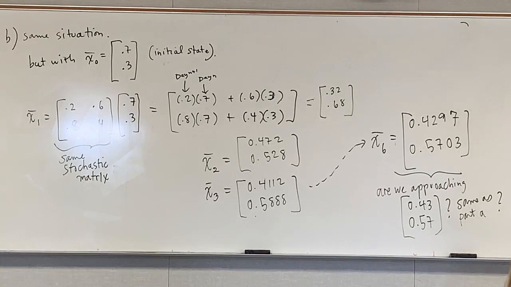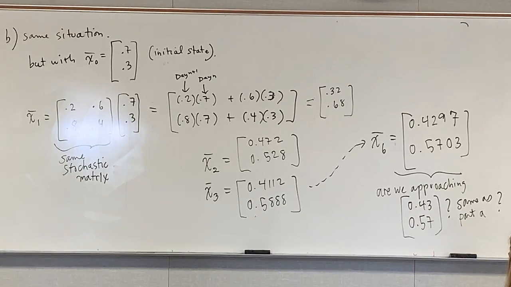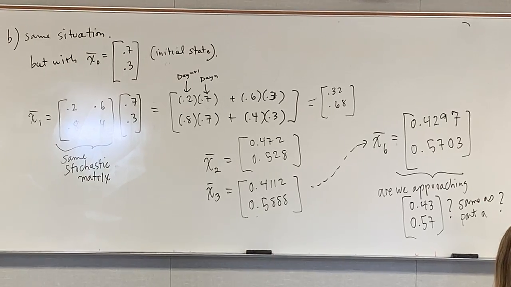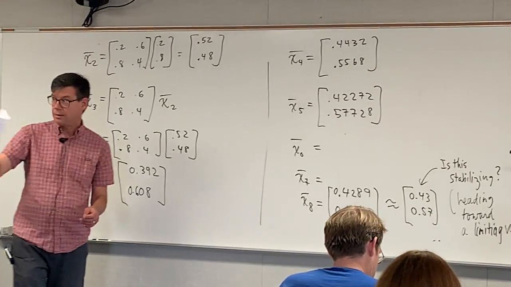And to me, that's the most surprising thing about this whole subject. We start out with a different initial state, different probabilities, and yet as we move from one state to the next, our limit appears to be the same. And it is the same. That's one of the great results of Markov chain theory that we're going to come back to next time when we talk about the back side of the handout.